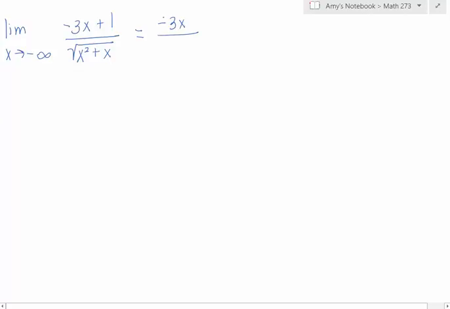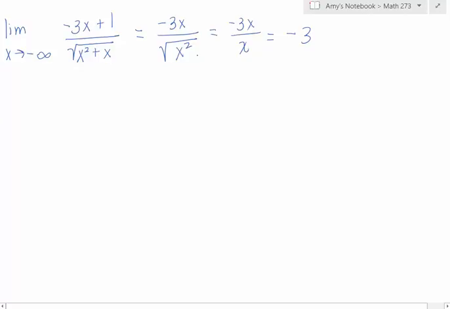And the positive x, if you have a negative 3 here and you add in a 3, that's not going to make that much difference when we're talking about infinity. So we're just going to look at the first terms, and you know that if you take the square root of x squared, that's going to give you an x. So negative 3x divided by x gives you a negative 3.